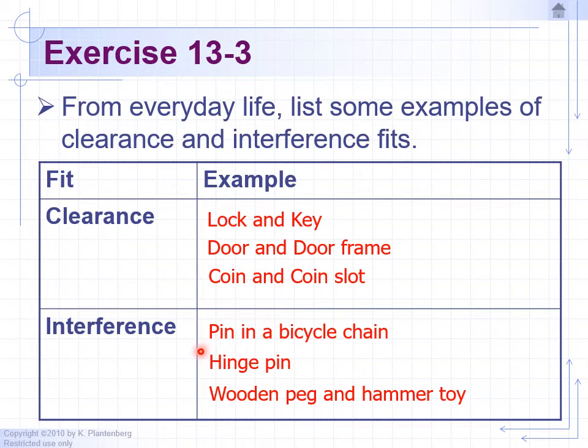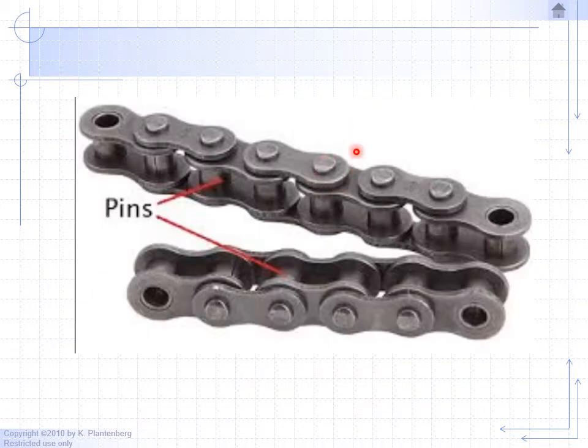The pin is always larger than the holes in the hinges. Another good example is also a wooden peg and hammer toy. There's always interference. The hole is always smaller. Once again, the pins on a bicycle chain are just slightly larger in diameter than the holes, or else the pins will slip out.